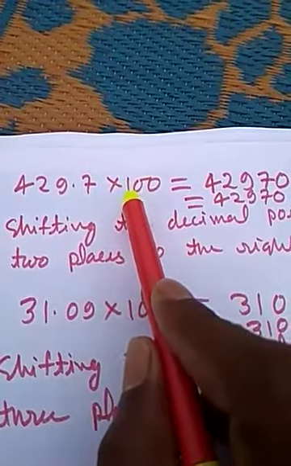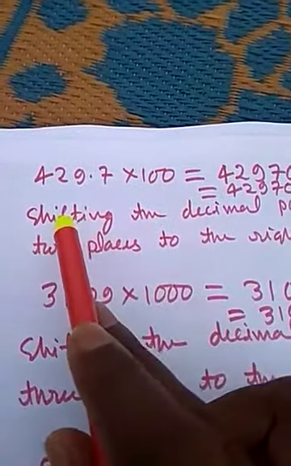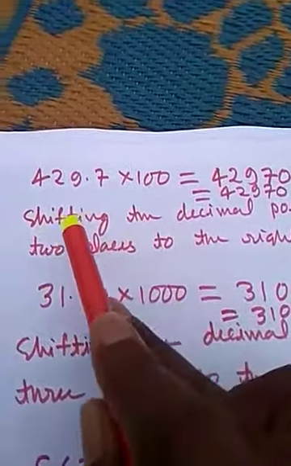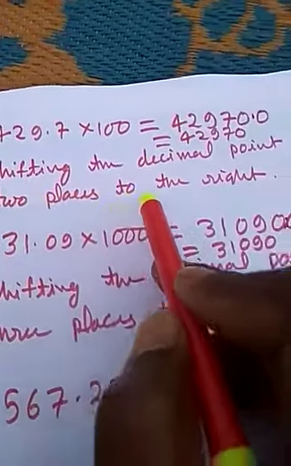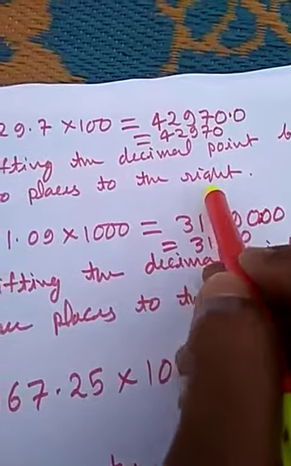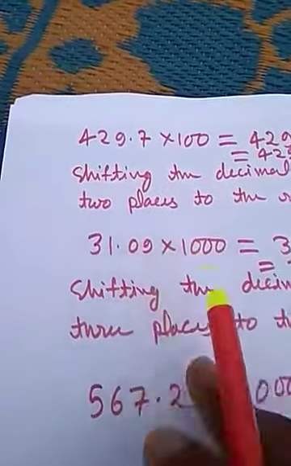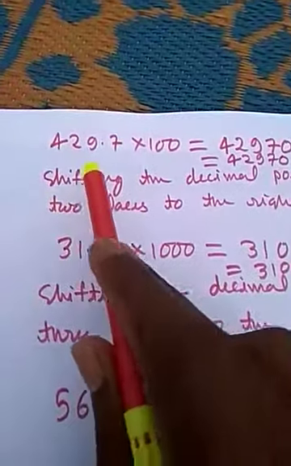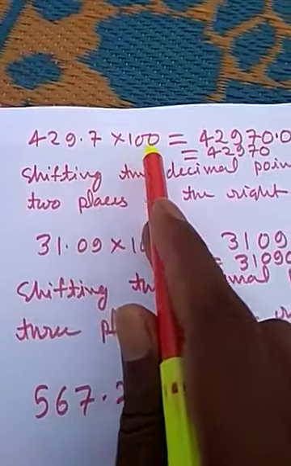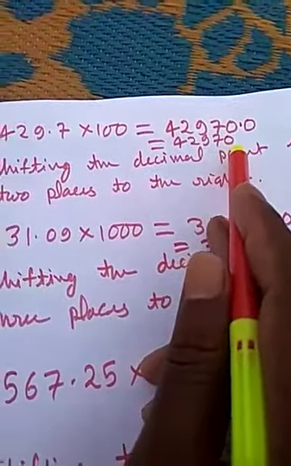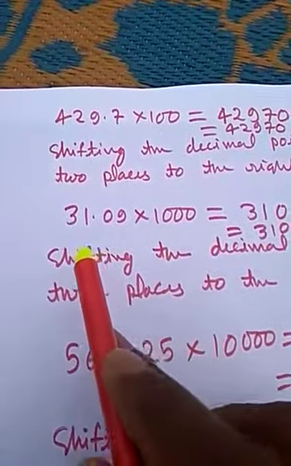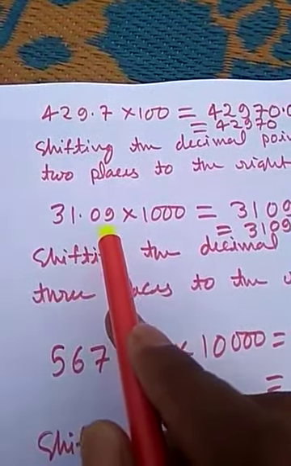So we can say that we shift the decimal point by two places to the right. So here we shall write 429.7 multiply 100 is equal to 42970.